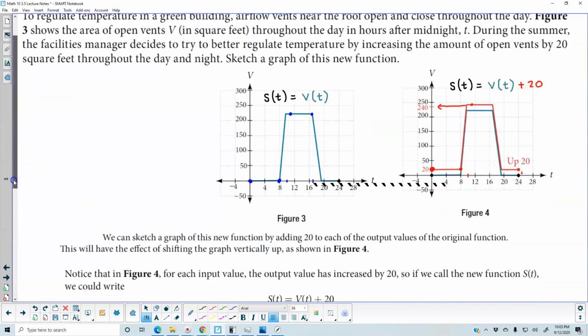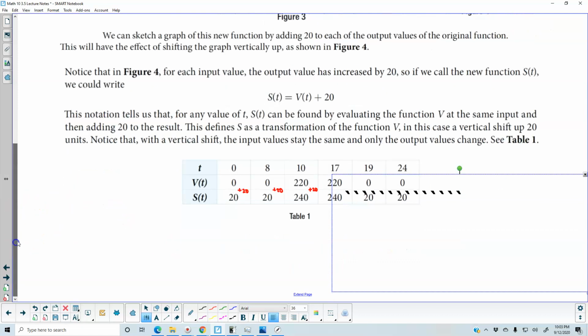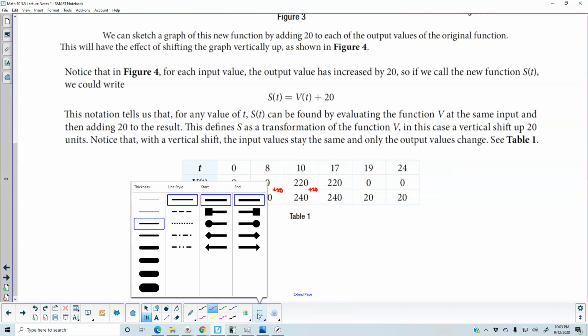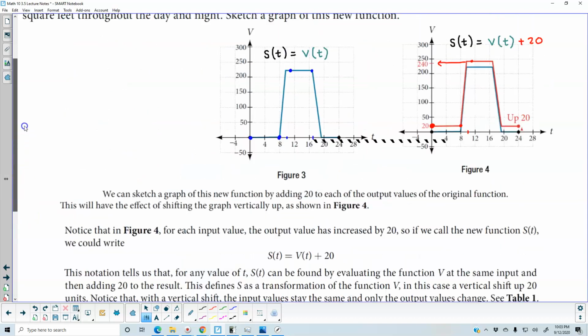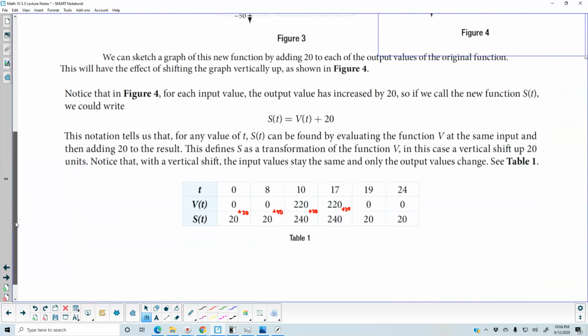And so if we take a look at 17 again as an input, on the other graph, we're going to be adding 20 to 220 to get 240. So let's locate 17, which is right after 17 here. And again, we're shifting it up 20 units at 240.